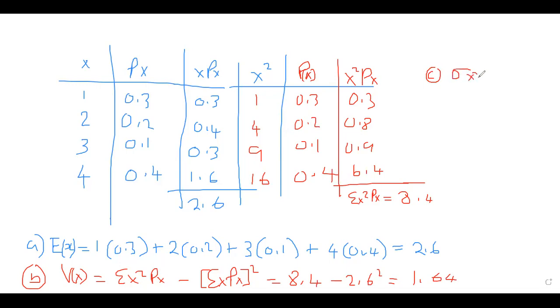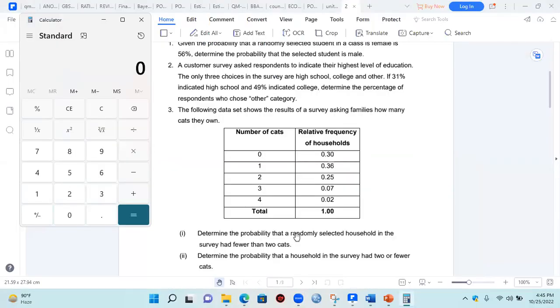So the square root of 1.64, what do we get? 1.28. 1.28, correct. So that being said, I expect you to calculate this question 3.